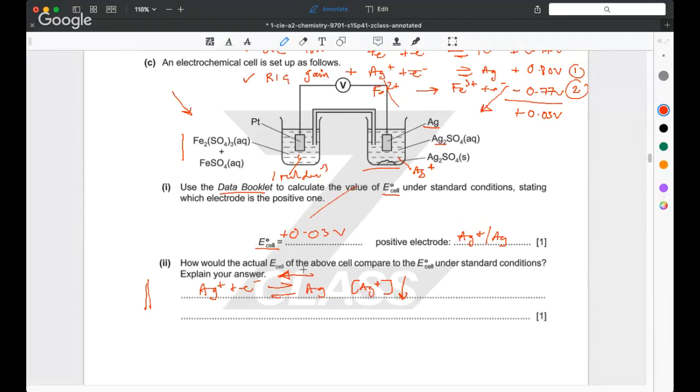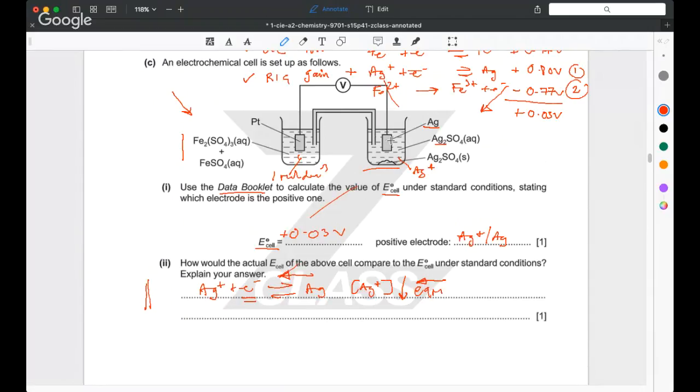The position of equilibrium moves towards the reactants. And if the position of the equilibrium moves towards the reactants, then more electrons are being produced, aren't they? Can you see that if this equilibrium shifts to the left, then more electrons are being produced.